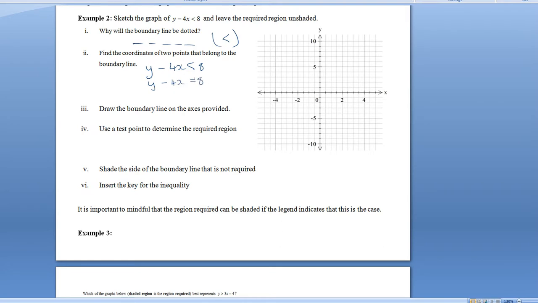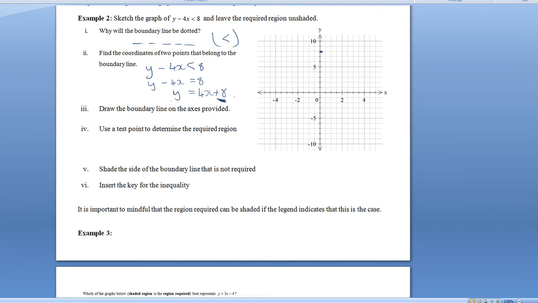Y equals 4x plus 8. I've just transposed it to make it into y equals mx plus c form. Now that allows me to get my first point, which is 0, 8, which is the y-intercept.